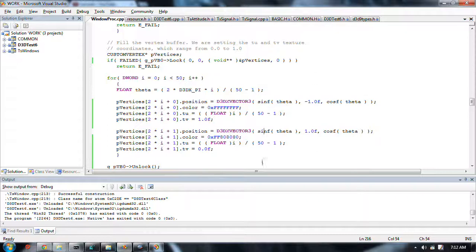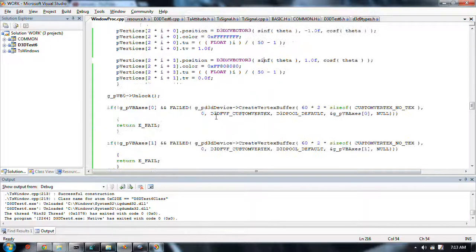It has symmetry about the y-axis, right? The distance from the y-axis to any point in one of these triangles is the same. Perpendicular distance. So therefore this cylinder lies along the y-axis.